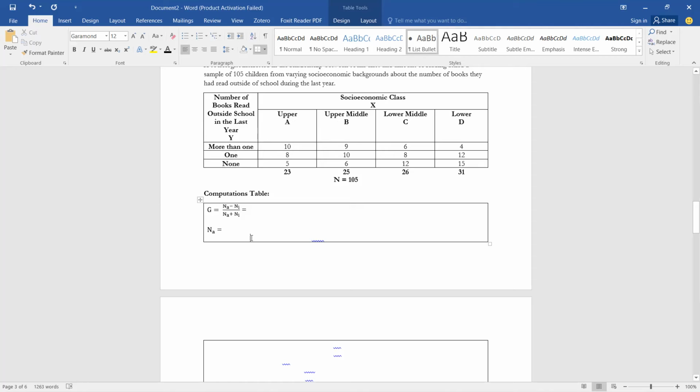So let's go back to NA, or number of agreements. We need to get the product of this with the sum of all of this. So it should look something like this.